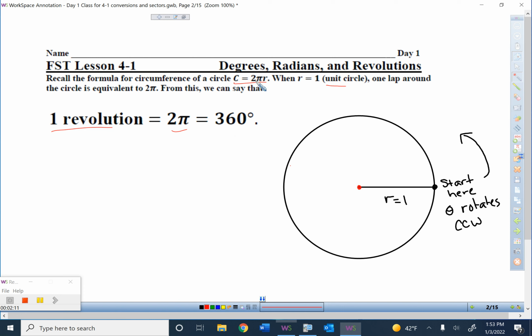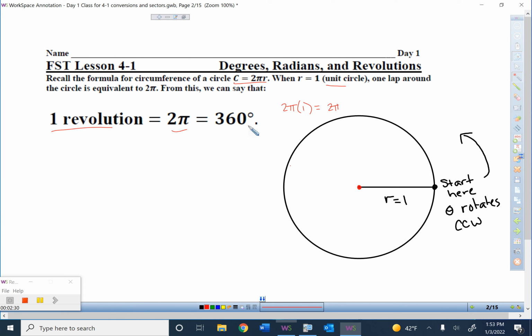The formula is 2 pi times r, where r is the radius, and if we know our radius is 1, that looks like 2 pi times 1, which means our distance around is 2 pi units. We're going to call that our radian measure. So you'll notice this doesn't have a label attached to it like these other two. When you don't see a label, that is our radian measure.